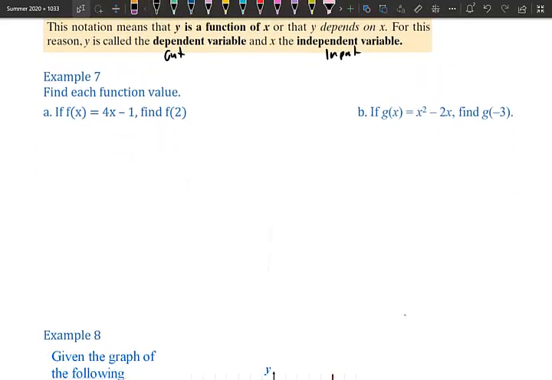Find each function value. If f of x equals 4x minus 1, find f of 2. That's the same kind of notation as f of x, where x is supposed to go.